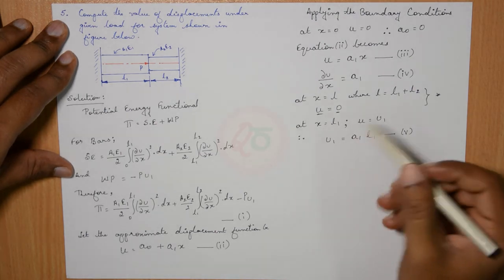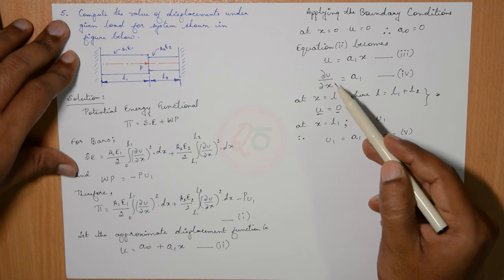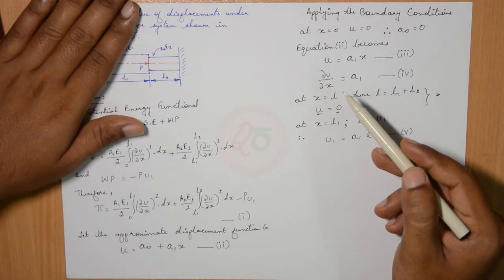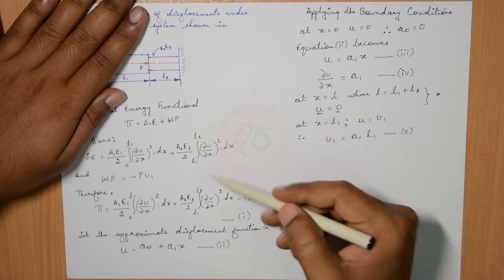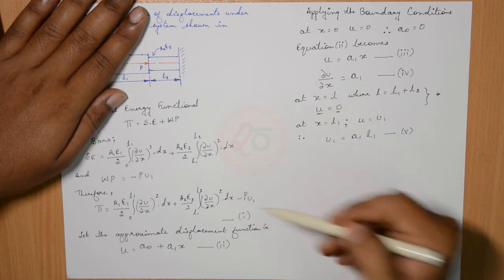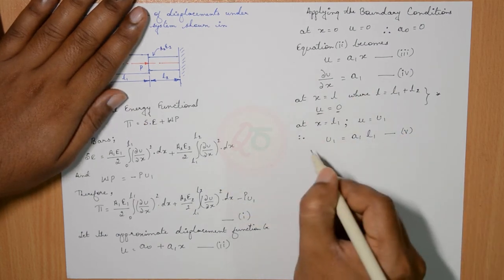Now I have u1, I have dou u by dou x. The only thing that remains is substituting u1 and dou u by dou x in equation 1, which is the potential energy functional.